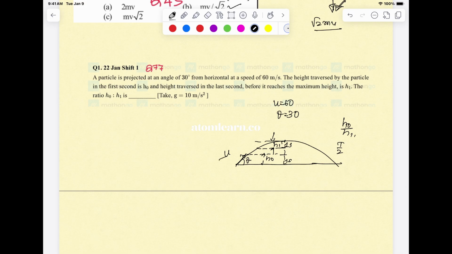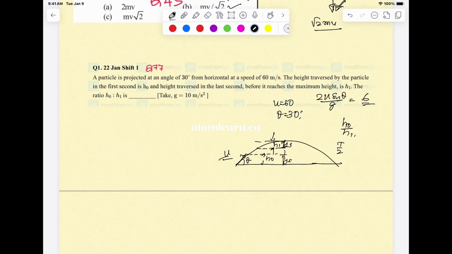Because u is given, theta is given, the time of flight is 2u sin theta by g. In this case, sin theta is half. Therefore, 2u sin theta by g is now 6 seconds. Therefore, the total time t by 2 to go up is 3 seconds.